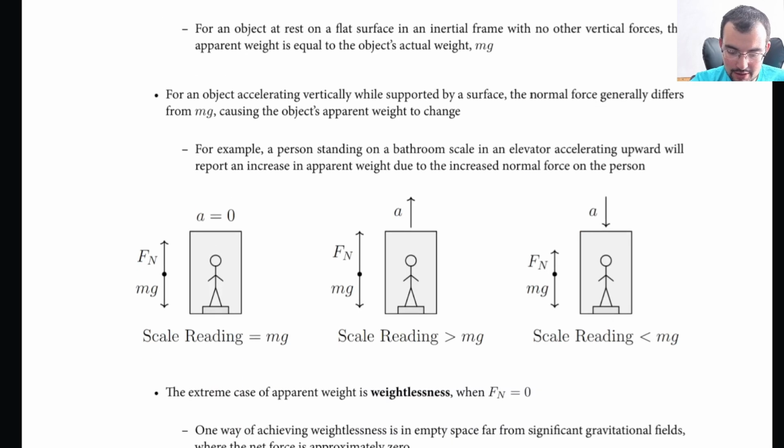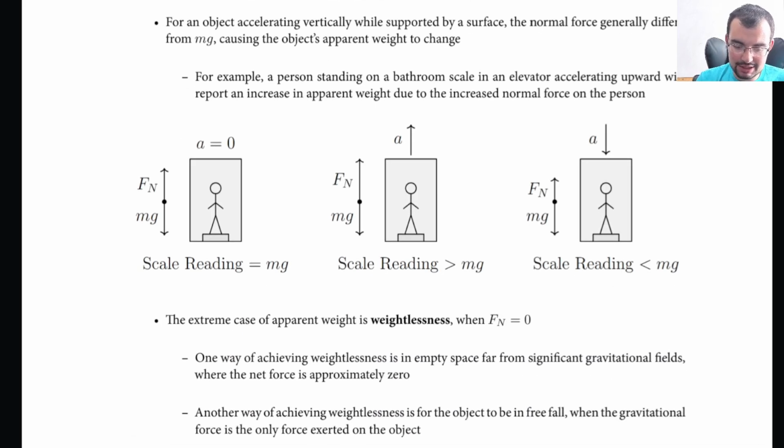So what can happen is if your frame accelerates, the thing that is causing you to accelerate is going to be the floor or the scale. So if I'm accelerating up, the normal force has to push even harder than usual to get me to accelerate up. Because if I have an acceleration up, there must be a net force up.